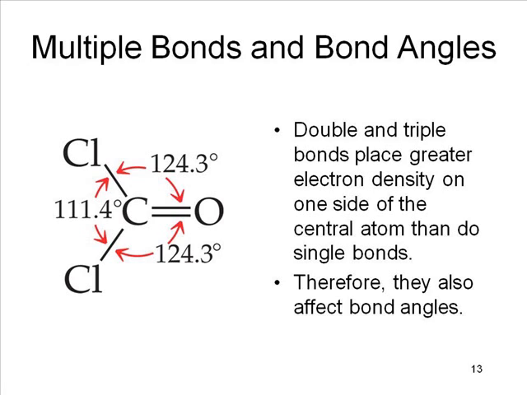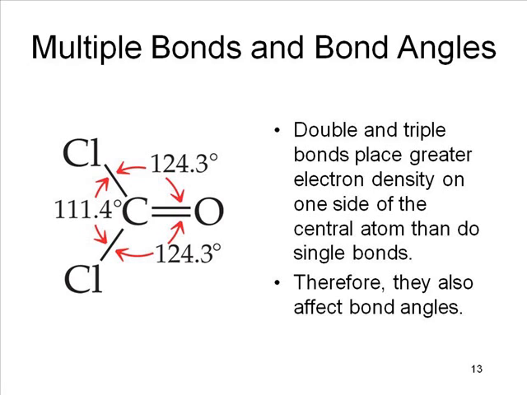The 4 electrons in the C double bond O bond repel the CCl bond greatly, because 4 electrons have this huge negative charge cloud, and it pushes the CCls away, and they're able to squeeze closer together to get away from the 4 electrons, and there's more repulsion there than there is between the 2 CCl bonds.